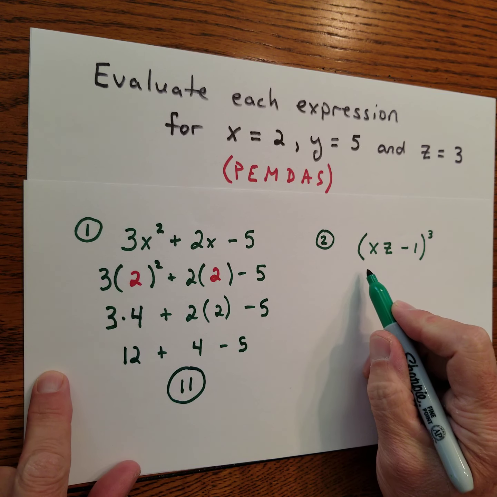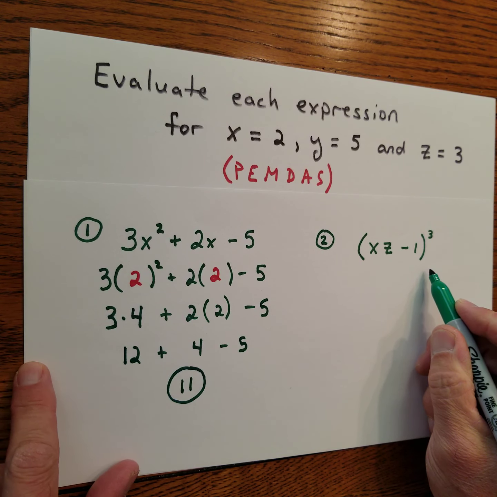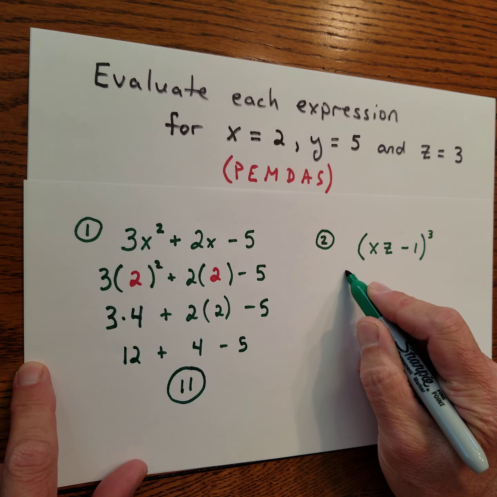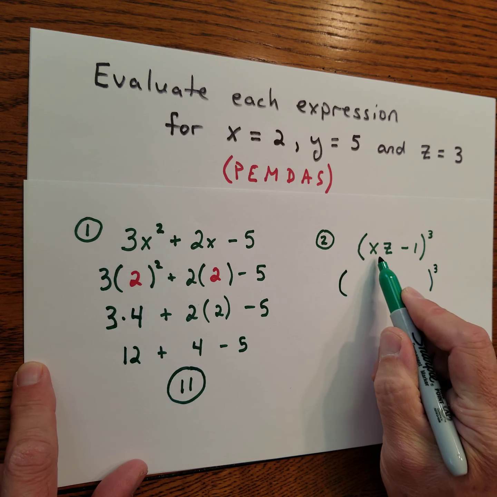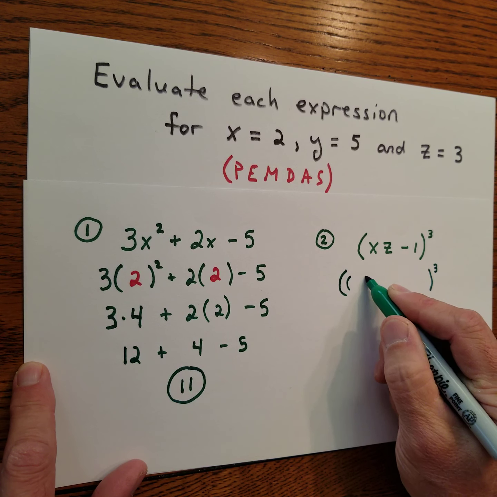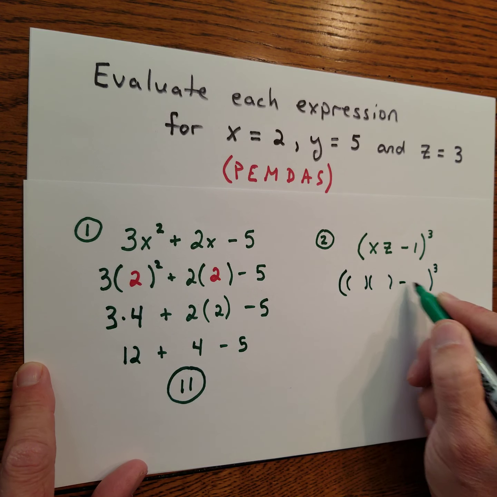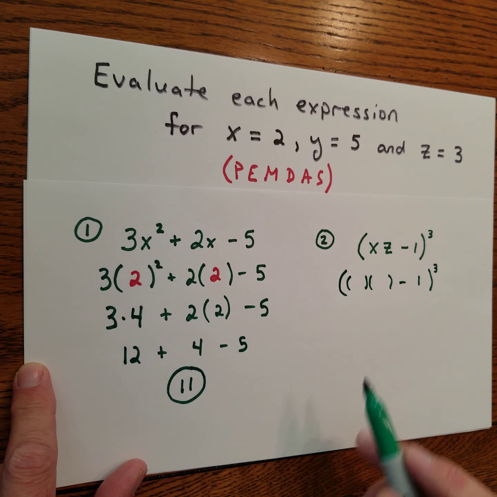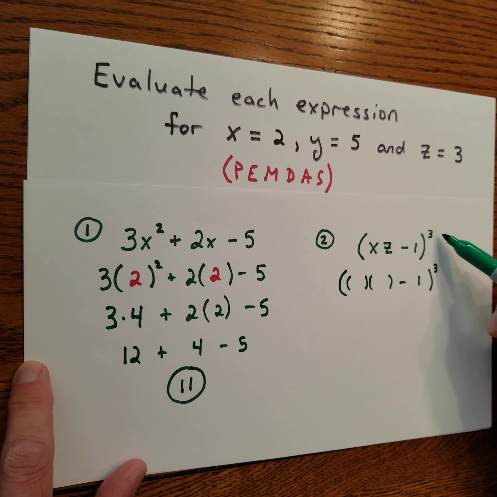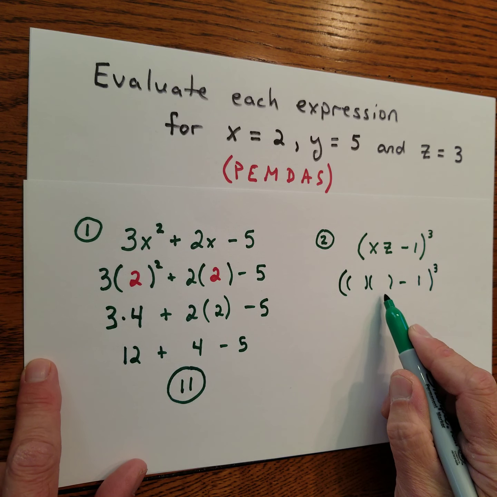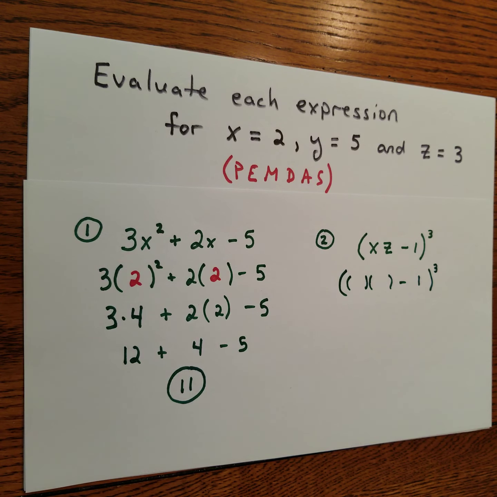For number 2, I'll copy the problem on my notebook paper this way, then rewrite it, and everywhere there's a variable, a set of parentheses to fill in. So x times z minus 1, quantity to the third power, becomes x times z minus 1, quantity to the third power.